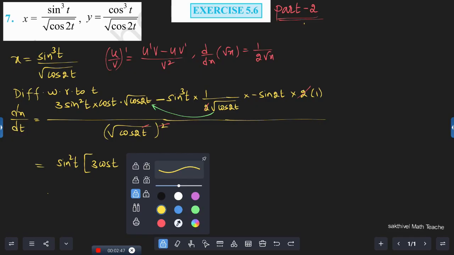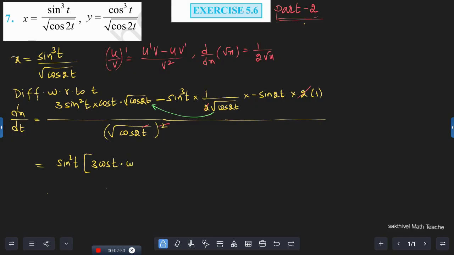Root cos 2t becomes just cos 2t. You will get minus, this minus and this minus in multiplication, so minus into minus is positive. From sine cube, one sine square I took outside, then one more sine will be there inside, and this sine 2t. Sine 2t formula we know. Directly I am writing 2 sine t into cos t.